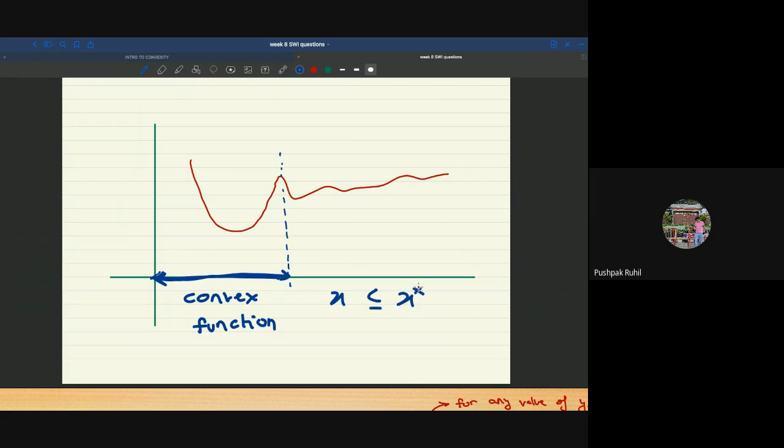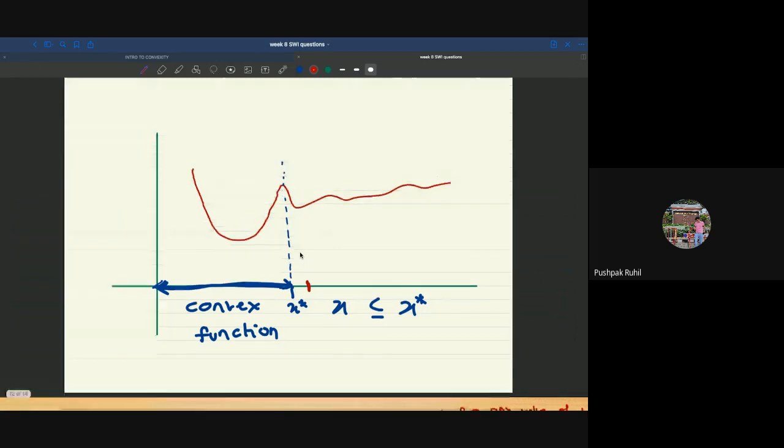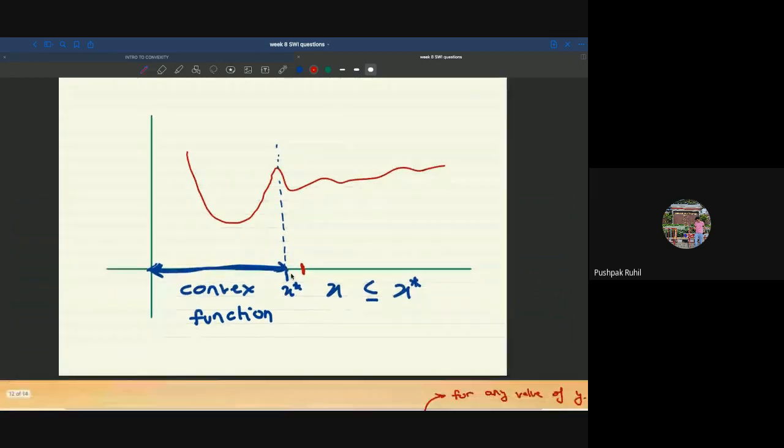This point is your x star. It would mean that your function would be a convex function below this point. After that, if you take any value of x beyond this, then your function would not remain convex anymore. So graphically, you can think of it in this way.